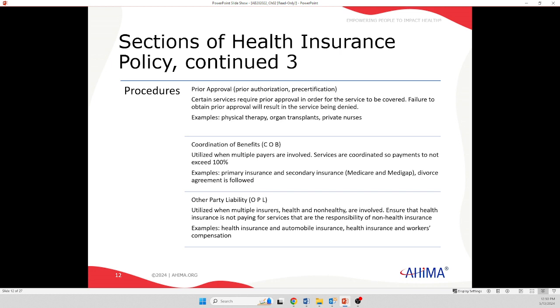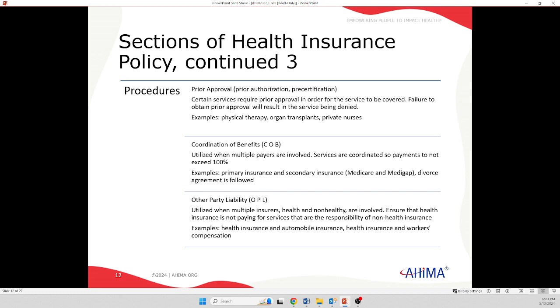Coordination of benefits and then other party liability. These are when we have more than one insurance and you have to figure out who is responsible. Coordination of benefits is when there are two insurances, and it's plain and simple, just there to make sure that we don't end up paying more than 100% on an event.